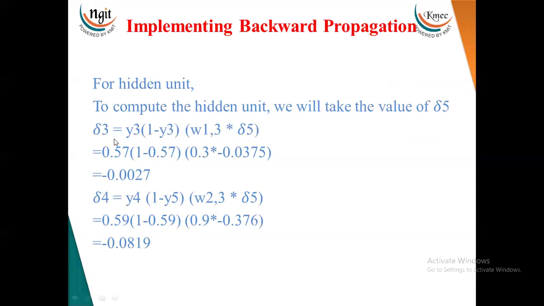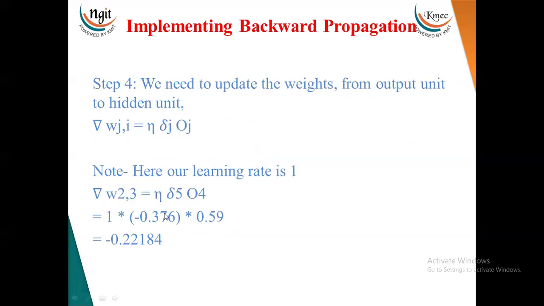Now I'll substitute in the actual weights. This is for hidden layers. My hidden layer value was 0.51, y3 was 0.57, and y4 was 0.59. When I substitute these values in the formula, I got 0.0027 and 0.0819. These are the values by which I have to update the weights.